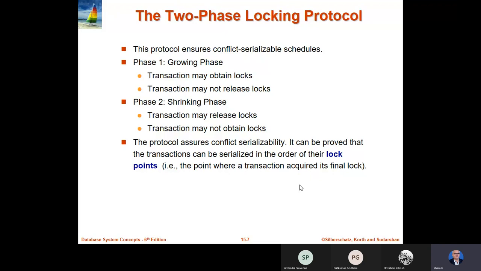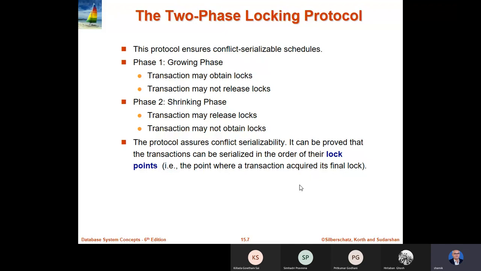And we have seen that the first approach makes use of locks, which we call the two-phase locking protocol. In this protocol, if we restrict the concurrency control manager, then the generated schedules are going to be conflict serializable.